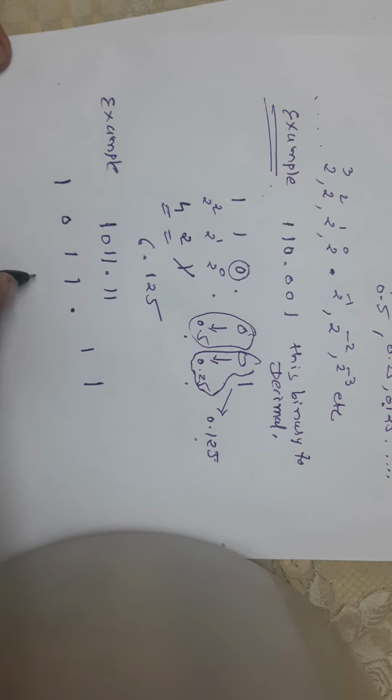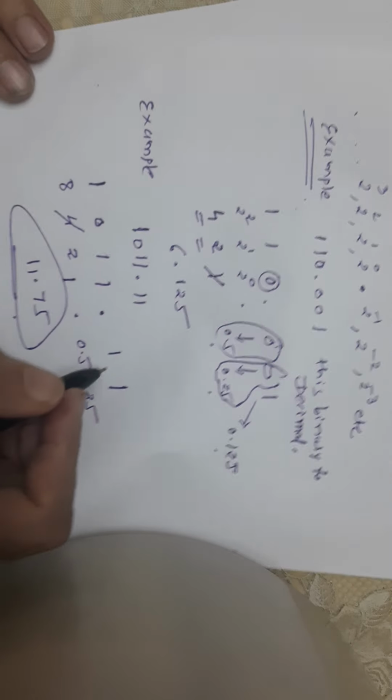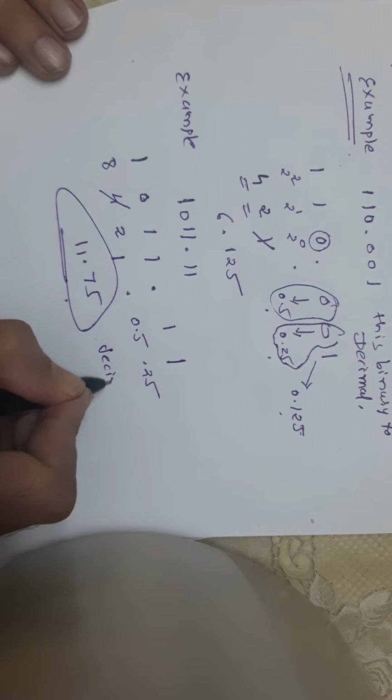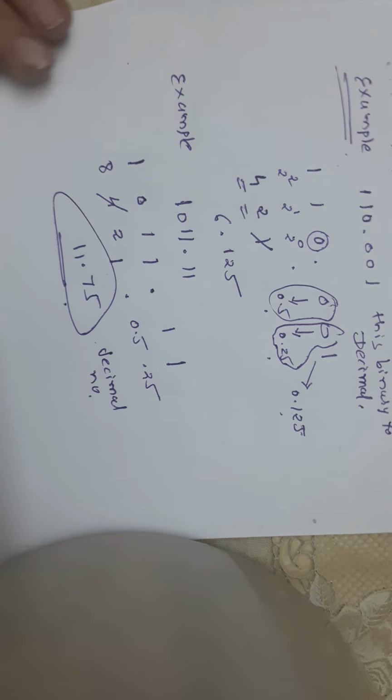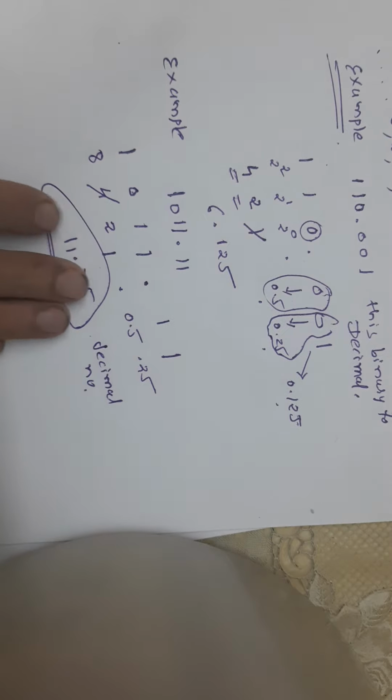This is equal to 1, 2, 4, 8. This number cancels, multiplied by 0, point, 0.5, 0.25. So this is equal to 11.75, our decimal number. In this way, we can convert the binary number into decimal number.